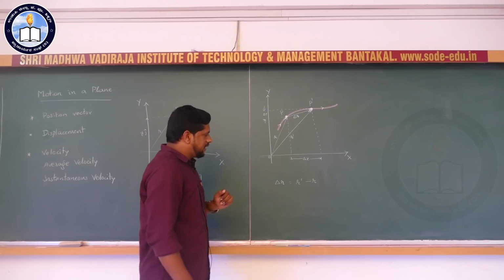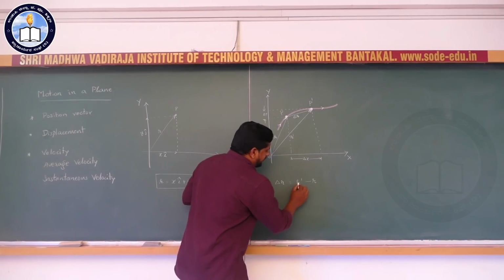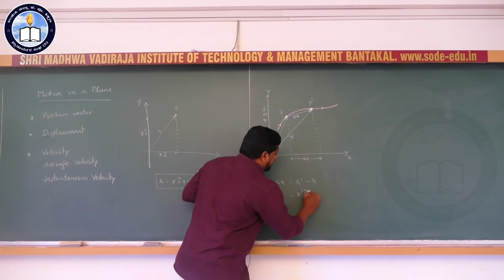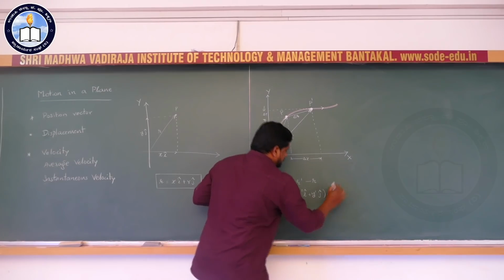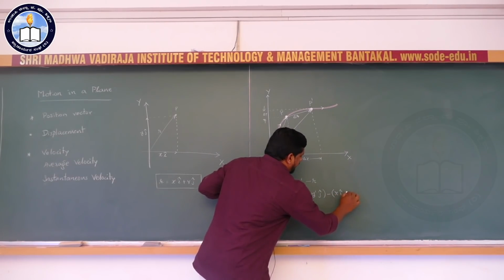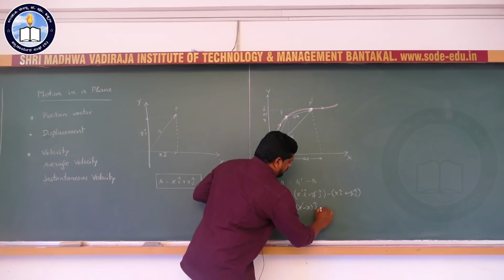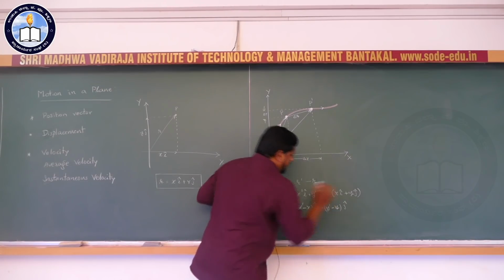On the basis of this expression, we can write that delta r is r dash minus r, which is x dash i cap plus y dash j cap minus x i cap plus y j cap. So this is x dash minus x into i cap plus y dash minus y into j cap.